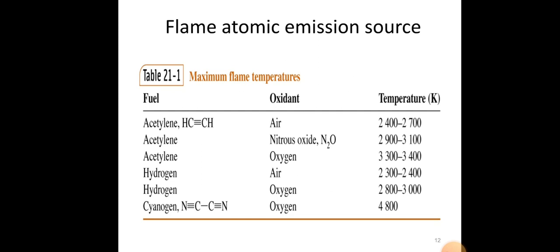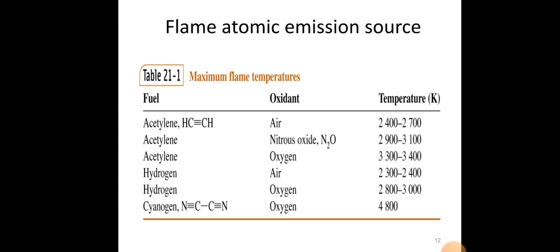But we have different types of flame atomization emission sources. In this picture you can see the different types of flames according to the type of fuel and oxidant. If the fuel is acetylene gas and the oxidant is air, then we will have a flame with a temperature of 2400 to 2700 degrees Kelvin.